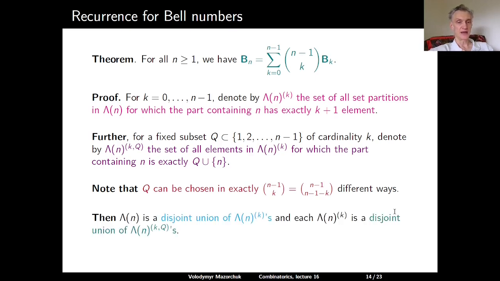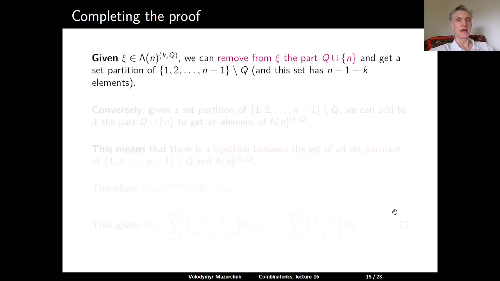Then Λ(n) is a disjoint union of all these Λ(n, k), and each Λ(n, k) is a disjoint union of Λ(n, k, Q)'s. Given an element ξ in Λ(n, k, Q), we can remove from ξ the part Q union with {n} and get a set partition of the set {1, 2, and so on, n minus 1} minus Q, and this set has n minus 1 minus k elements.